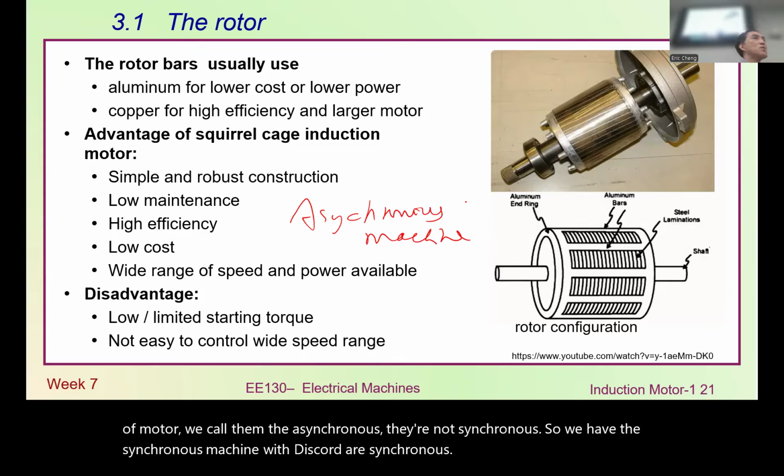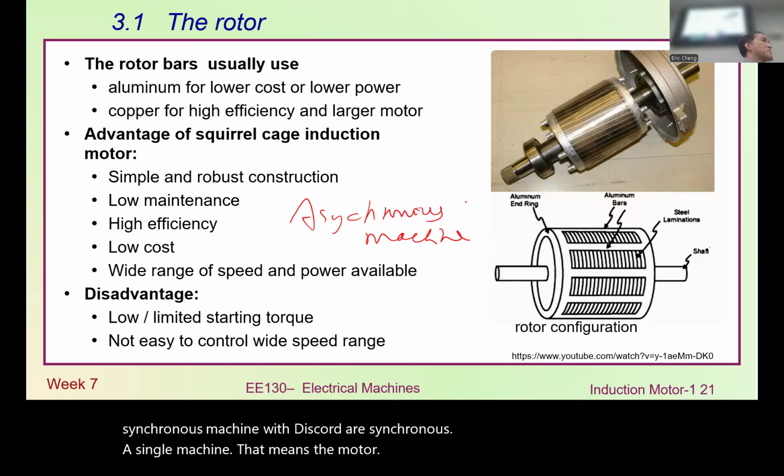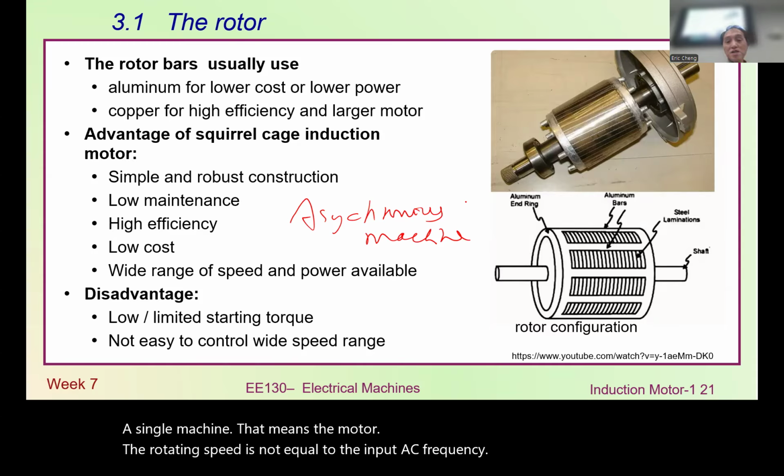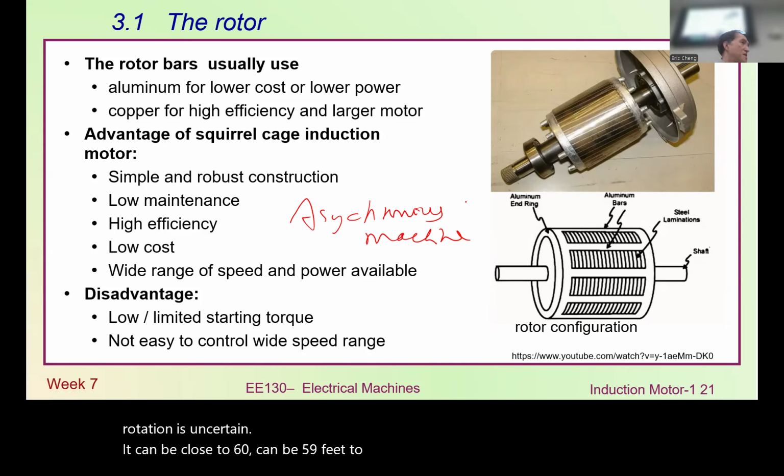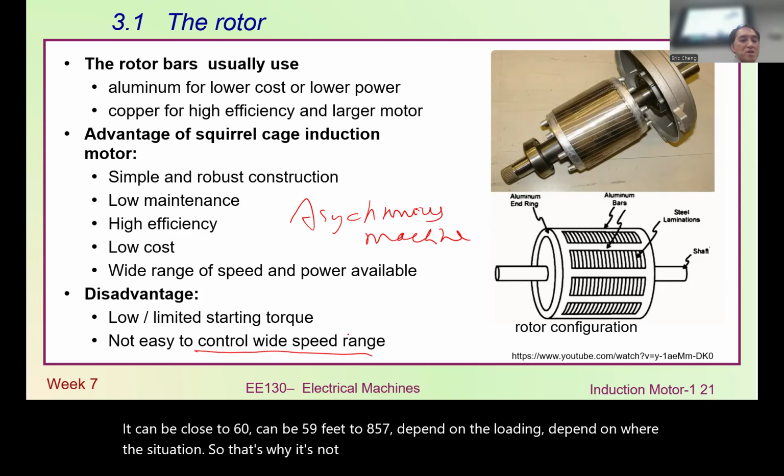Asynchronous machine means the motor rotating speed is not equal to the input AC frequency. The rotation speed is slightly lower than that, so the speed of rotation is uncertain. It can be close to 60 Hertz, can be 59, 58, 57, depending on the loading and various situations. So it's not easy to control the speed range.